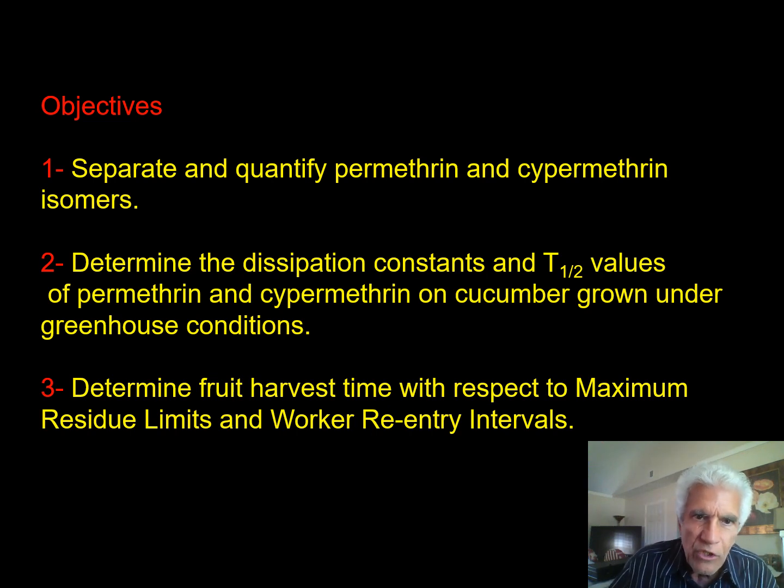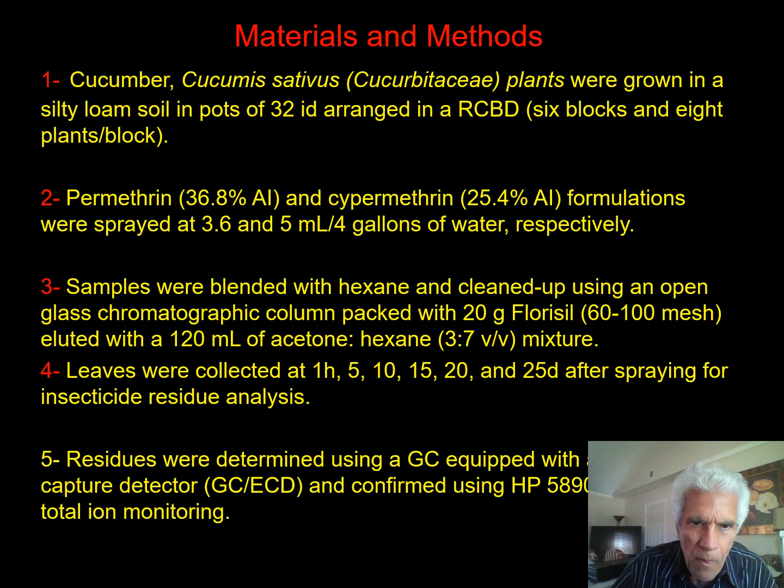So the objective of this investigation was to separate and quantify permethrin and cypermethrin isomers and determine the dissipation and half-life of these on cucumber plants grown under greenhouse conditions, and also to determine the fruit harvest time with respect to the maximum residue limits and the worker re-entry intervals.